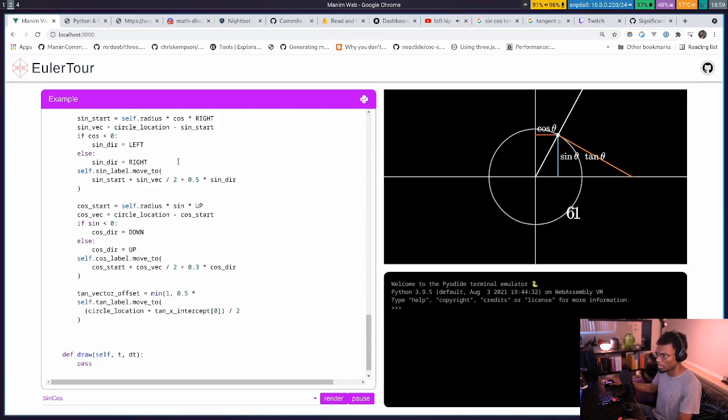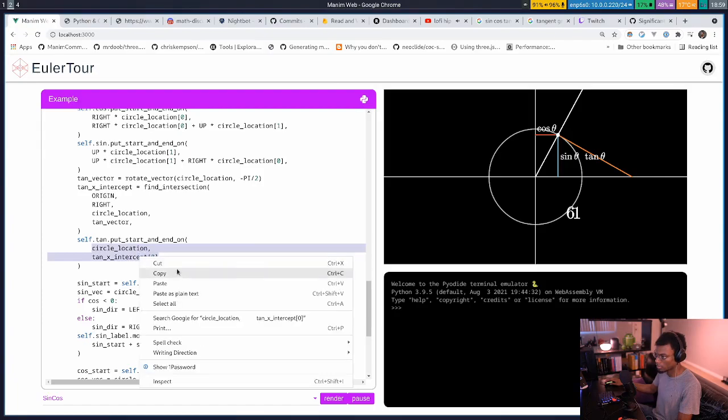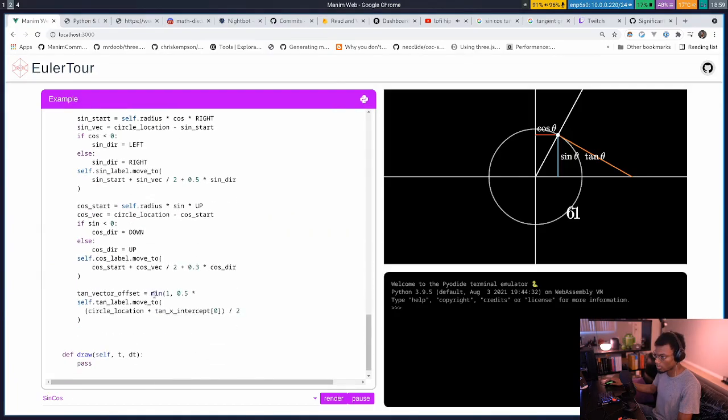And I don't even know the length of the tangent line. Well, it's this. Tangent line.